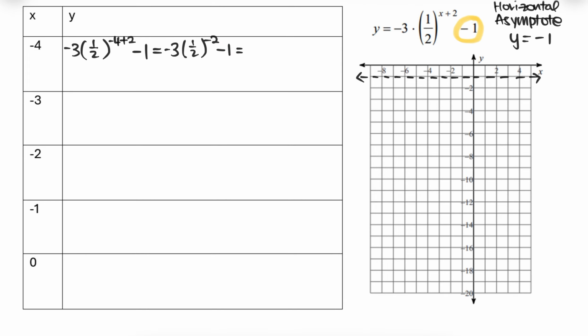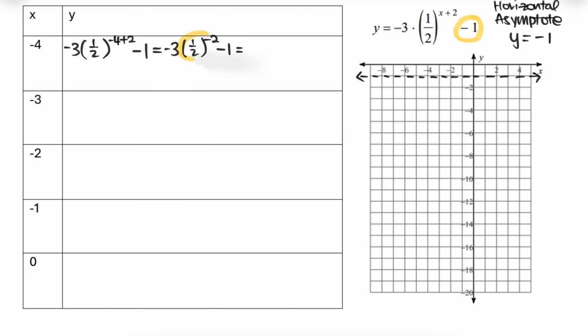So this part right here, okay, I'm going to extend this. To get rid of the parentheses, we have to distribute the exponent. So we have 1 to the -2nd power over 2 to the -2nd power. To get rid of the negative exponent, make it positive, we have to flip over. So that gives you 2 to the 2nd power over 1 to the 2nd power. 1 to any power is 1.